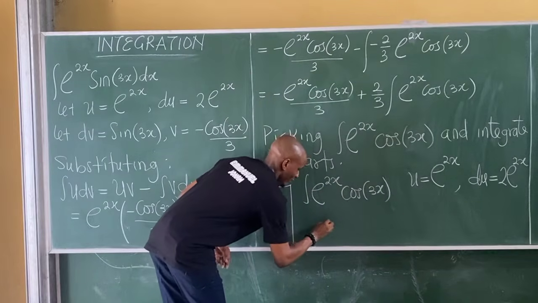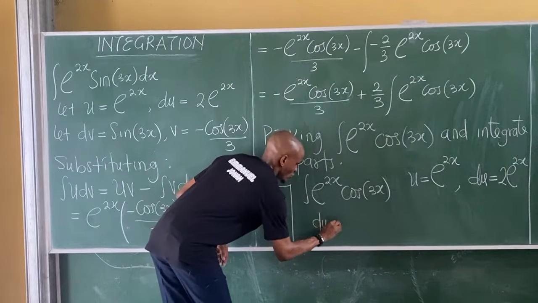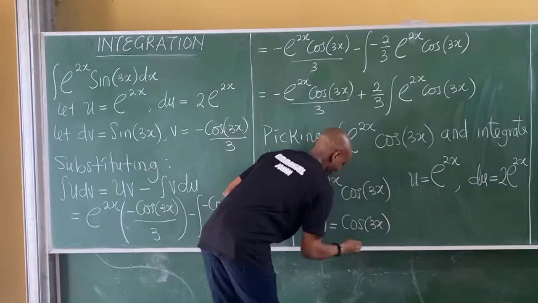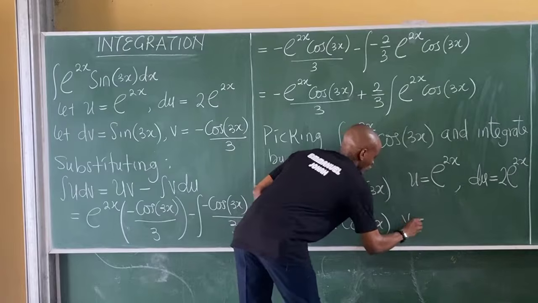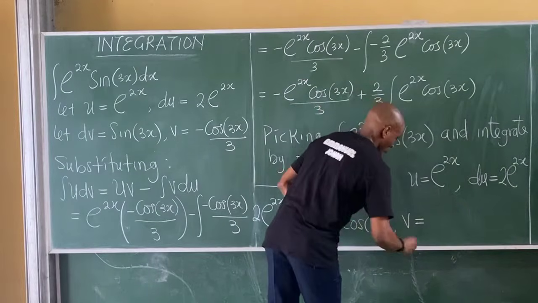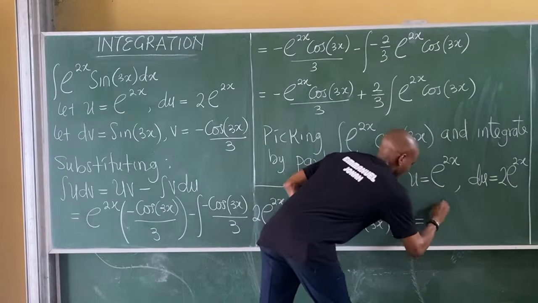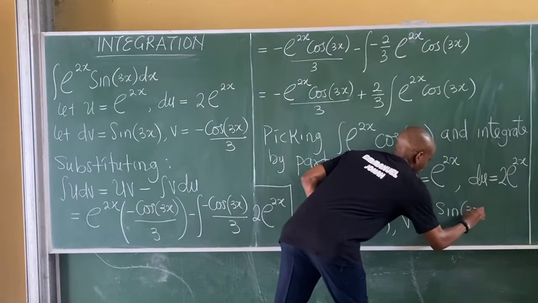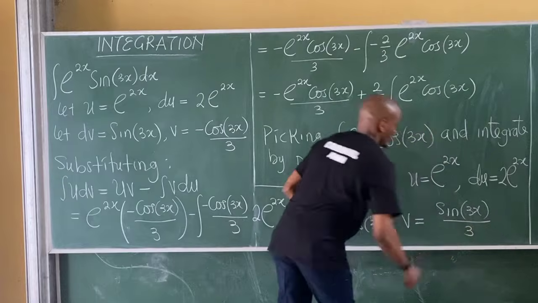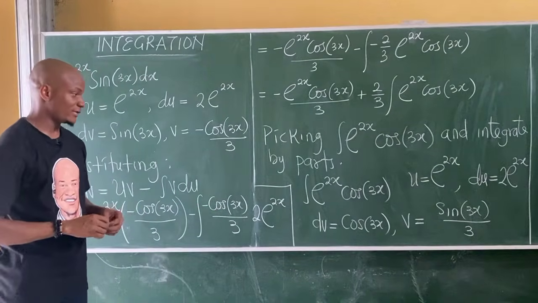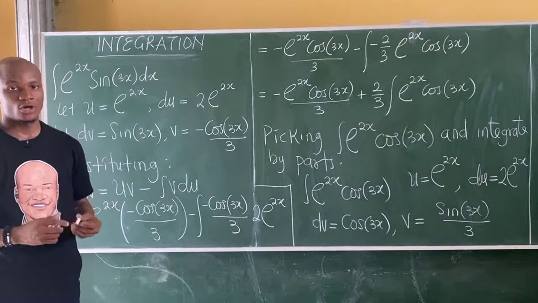From here, dv will be equal to cos of 3x, and finally v will be equal to, since cos gives you sine, sine 3x all over 3 from our shortcut.